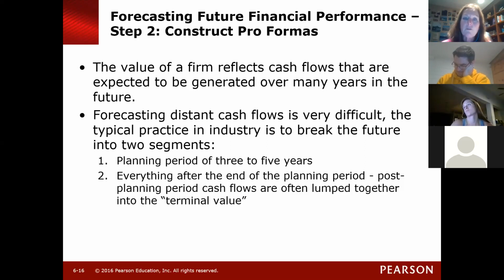And you'll see so many of your accounts are driven off of your revenue numbers. So we want to be sure that we are really careful about that first year's revenue. And then we use that number to figure out what our pro formas are going to look like for the first 3 to 5 years, and then what our terminal value will be.